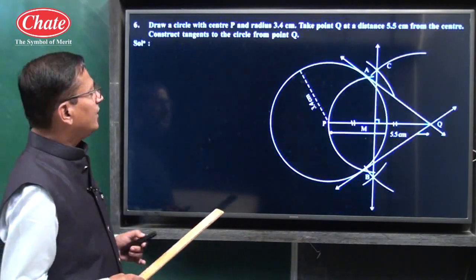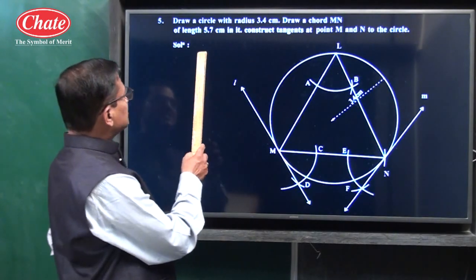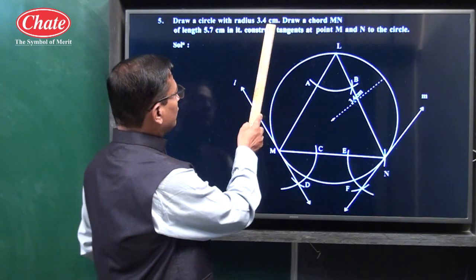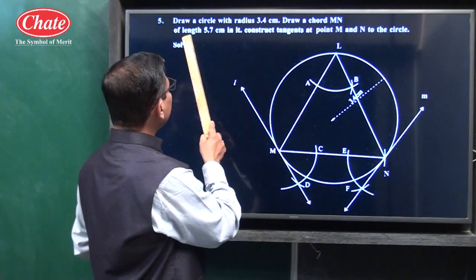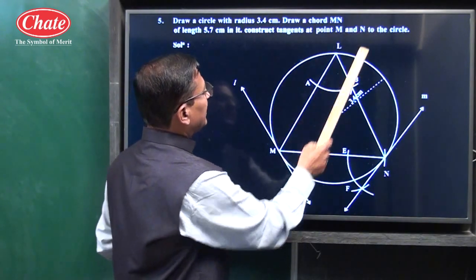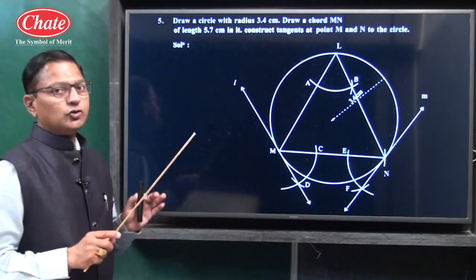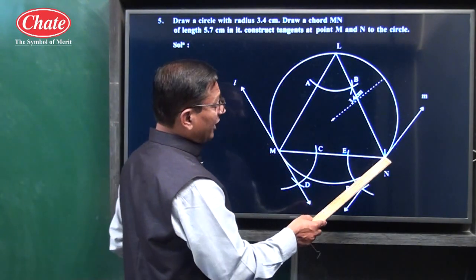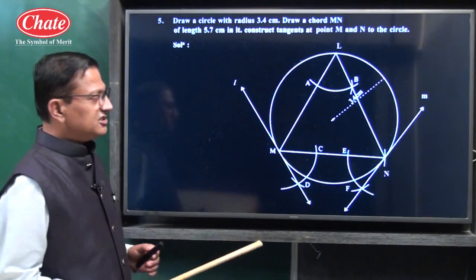No problem at all. Here, the question is the same. Draw a circle with radius 3.4 cm. Draw a chord MN of length 5.7 cm in it. Construct tangents at points M and N. यहाँ हमें दो tangents निकालने हैं from point M and point N. Same construction is here.